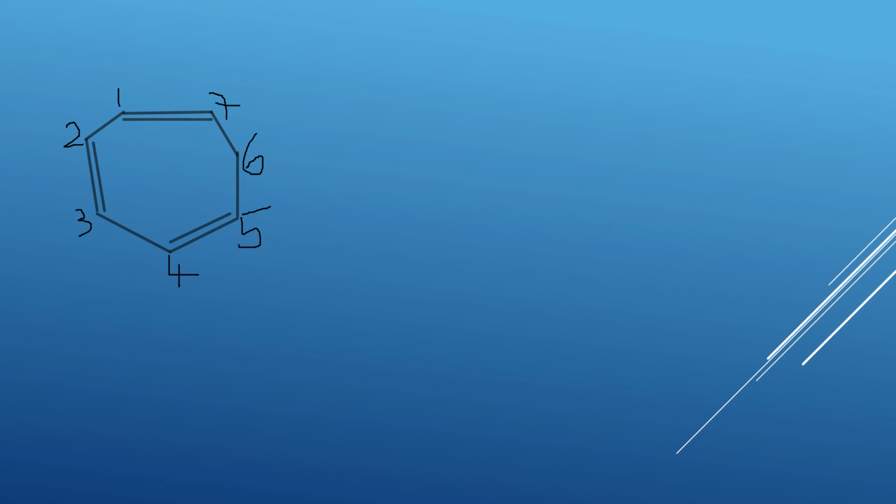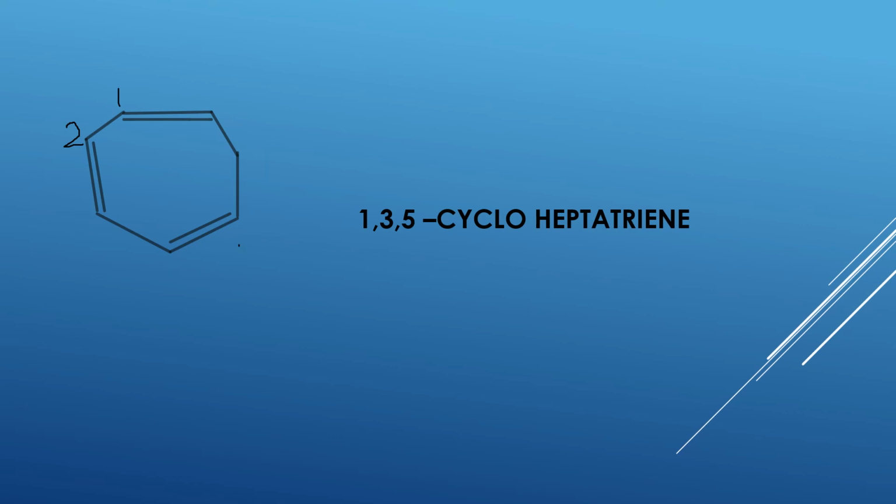Okay, 1 minute. Here we can do it in another manner, children. A double bond cannot be present between the first and 7th carbon, so we give the numbering in another manner. Here we'll start counting from here: 1, 2, 3, 4, 5, then this is the 6th one and this is the 7th.